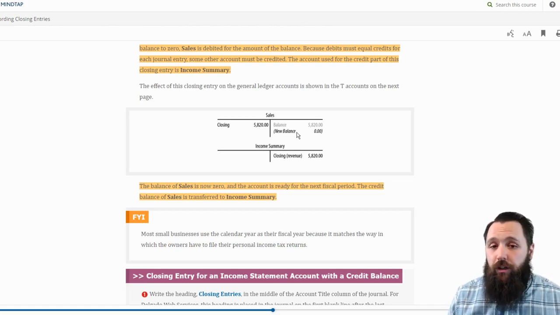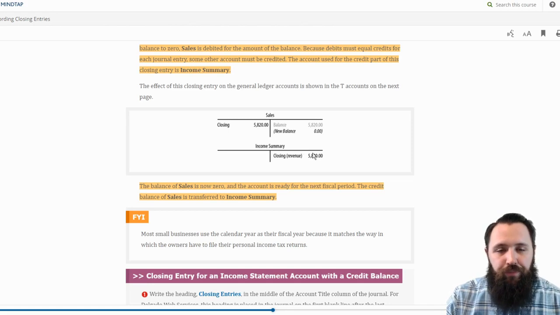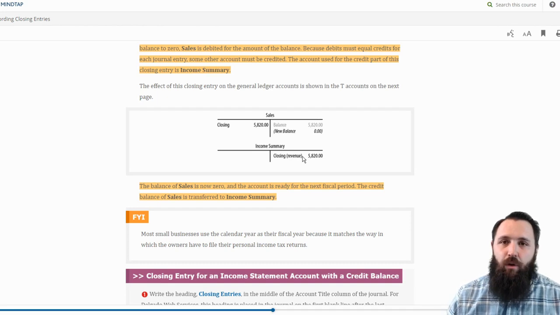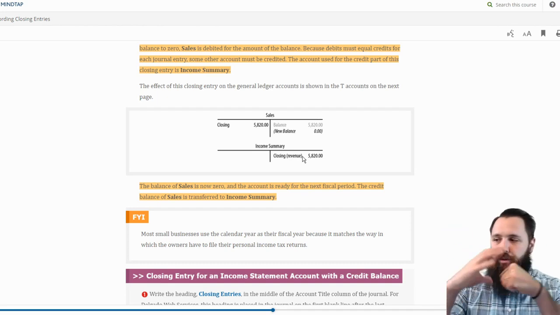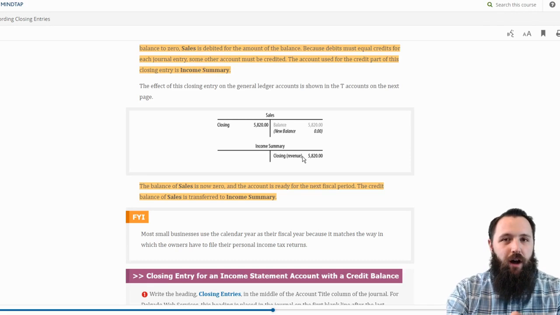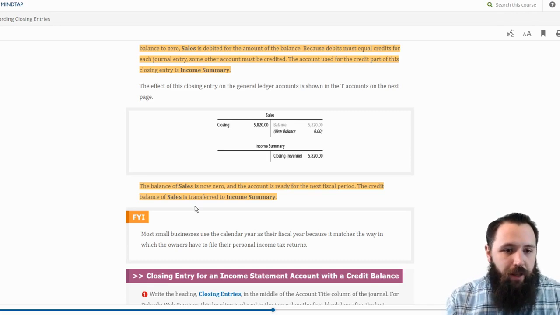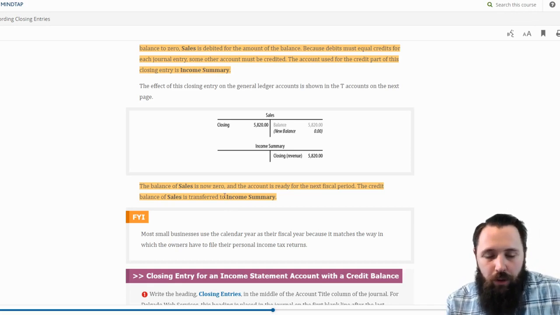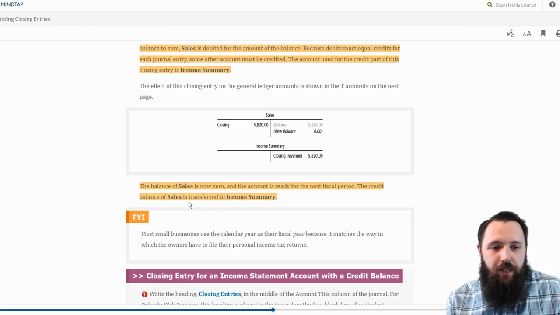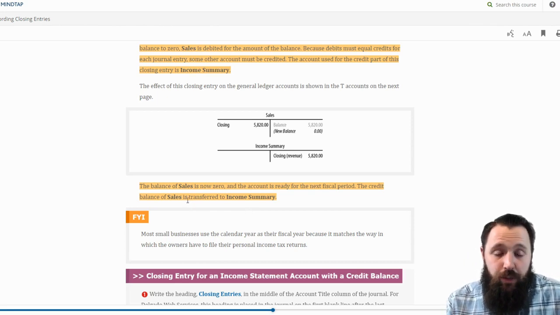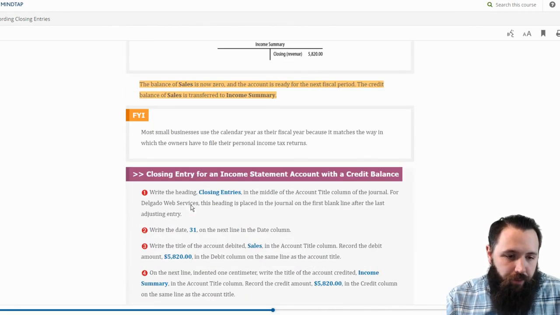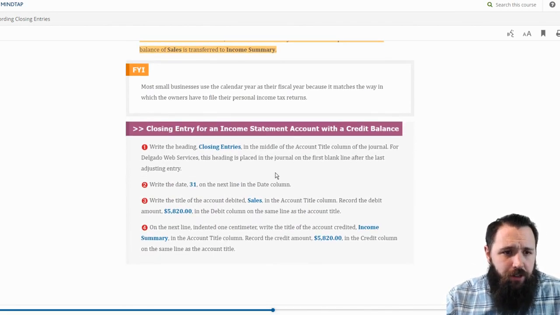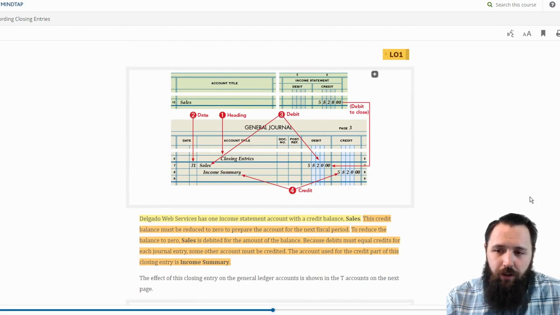Sales is officially closed, and income summary, being credited $5,820, has done the Pac-Man. It's absorbed our sales. So the balance is now zero, and when we roll around to the next fiscal period, the balance of sales will be zero, which is awesome. And that credit balance of sales is transferred over to income summary. So you can see here, just going through the steps. That's our first thing that we're going to do.